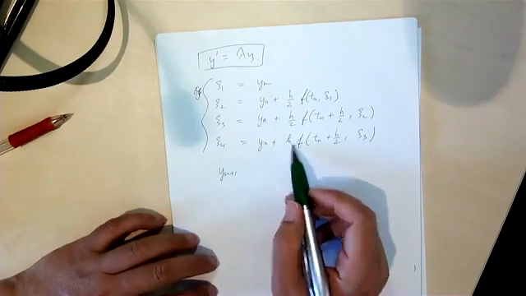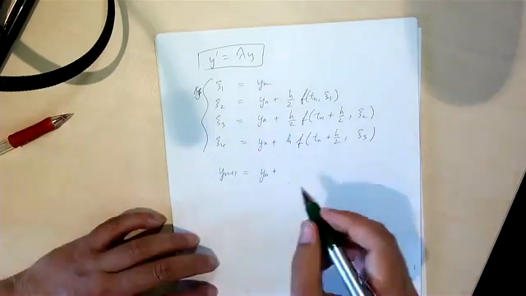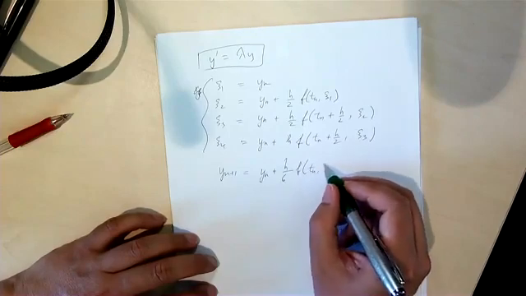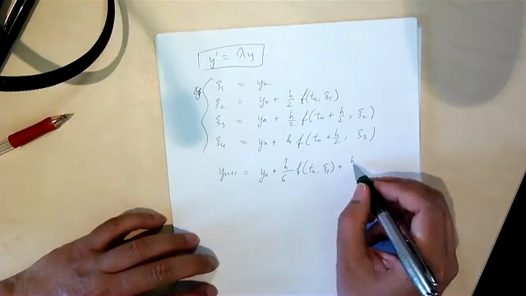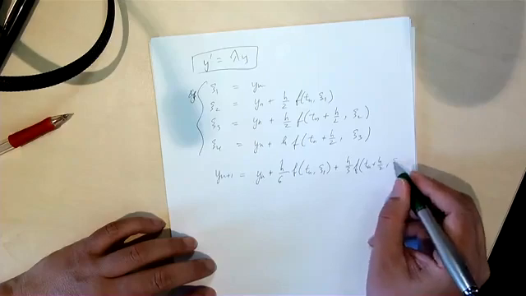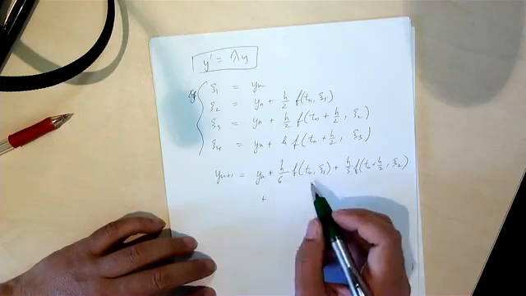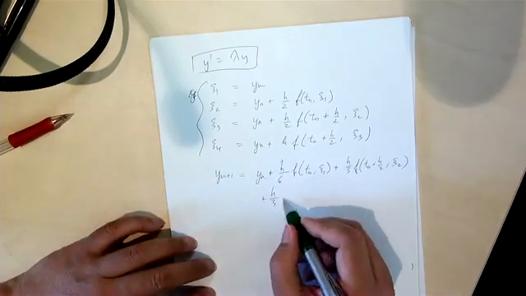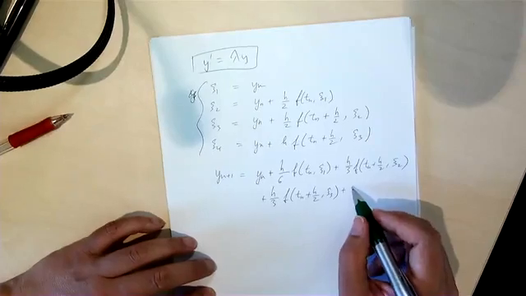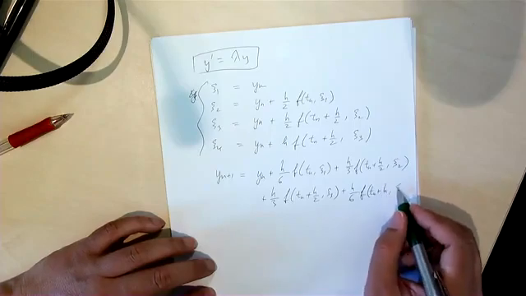Now what is y_{n+1}? So y_{n+1} is y_n plus, now we have to use this coefficient, h/6 f(t_n, xi1) plus h/3 f(t_n + h/2, xi2) plus h/3 f(t_n + h/2, xi3) plus h/6 f of t_n + h, xi4.